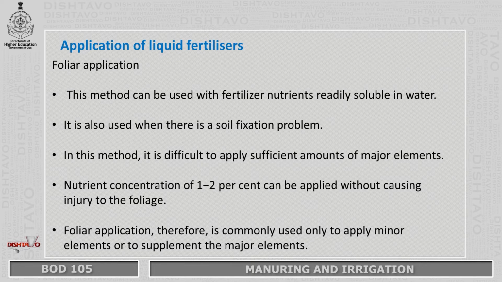Nutrient concentration of about 1 to 2% can be applied without causing injury to the foliage. Foliar application, therefore, is commonly used only to apply minor elements or to supplement the major elements in the soil.